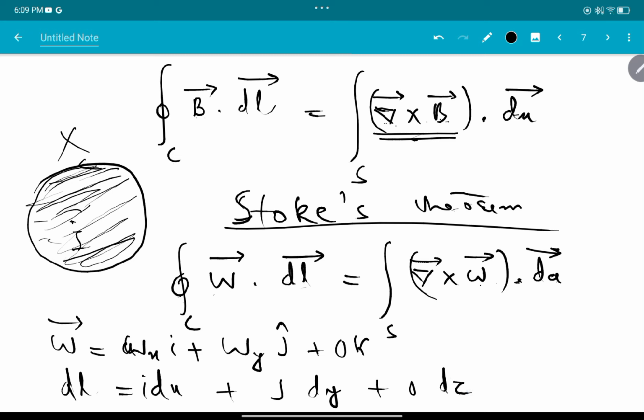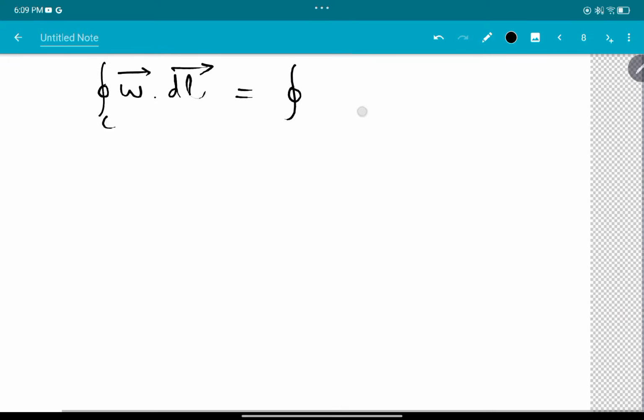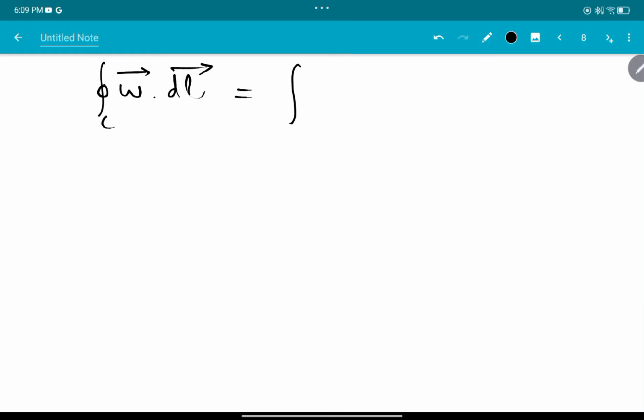If I use this here, the theorem becomes even simpler. Stokes theorem is this: the circulation of W, W dot dl, around a closed curve, is equal to the loop integral, is equal to the surface integral of del cross W dot dA, the area element.